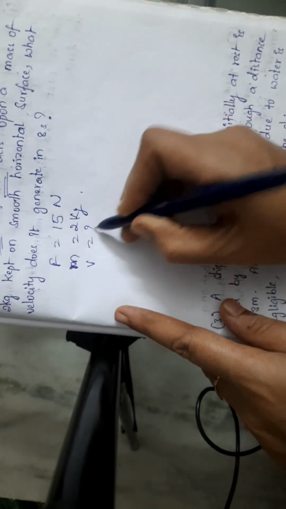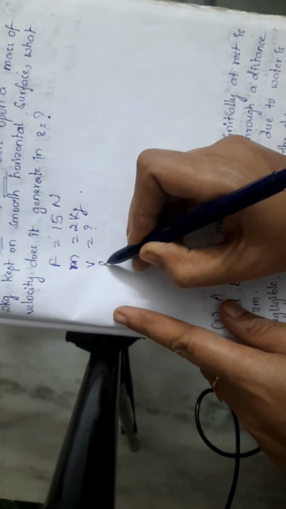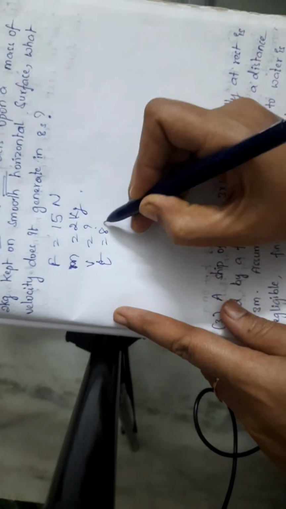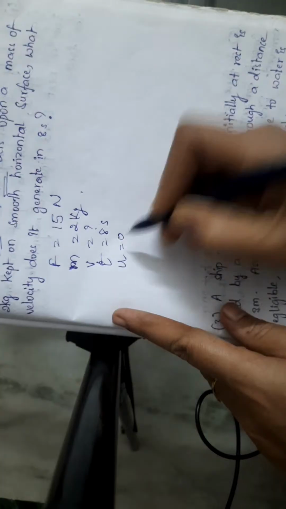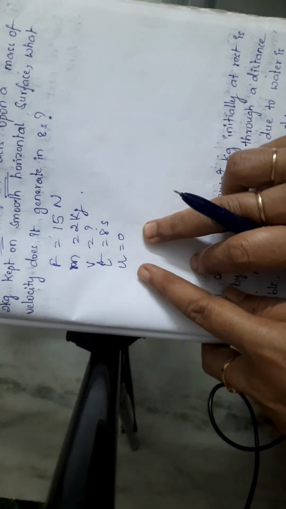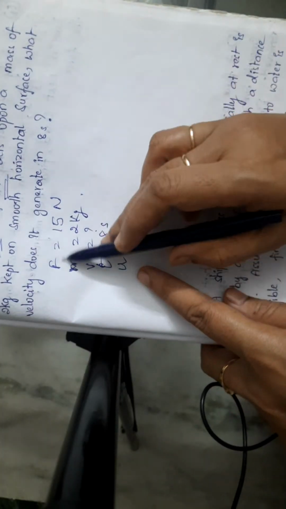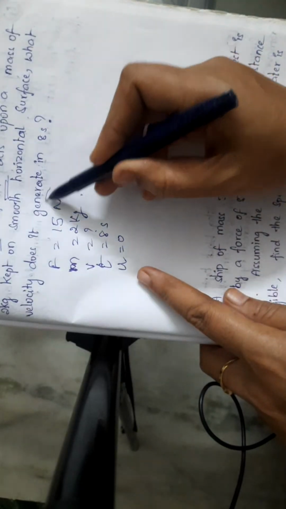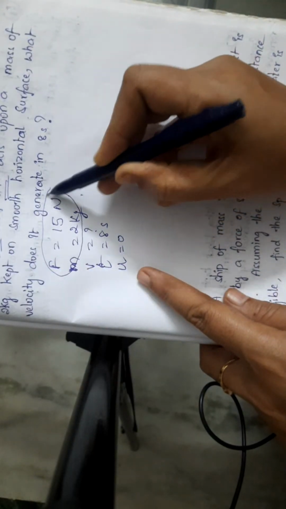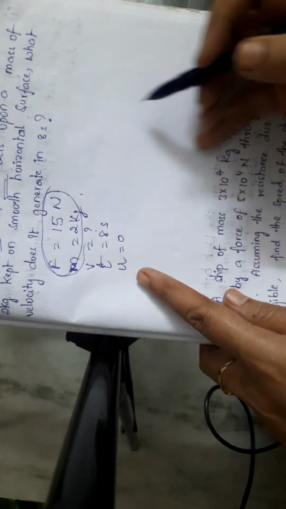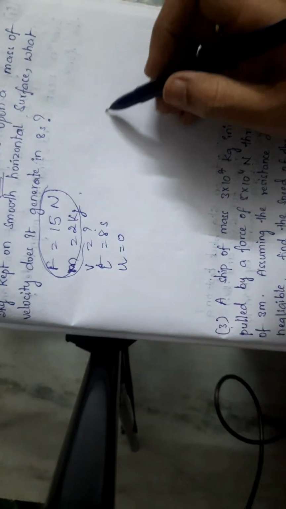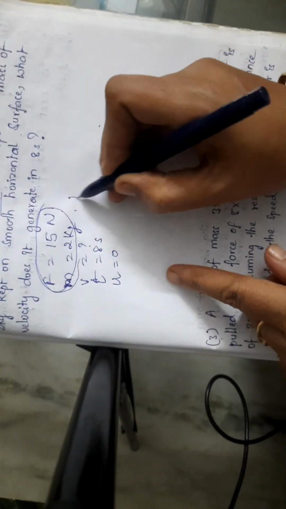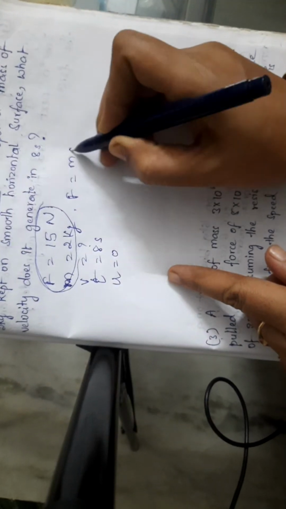We need to find v in 8 seconds. Time is given 8 seconds. What velocity it will get means initially it is at rest, so u is 0. Here we have force and mass. Whenever force and mass are given, this indicates that Newton's second law is to be used here. So F is equal to ma.